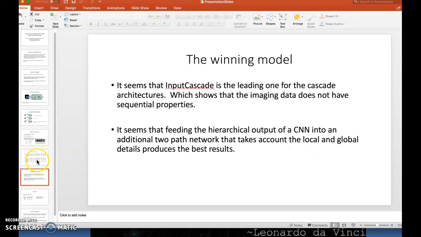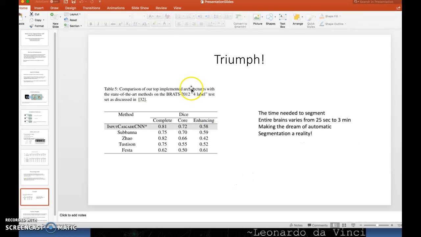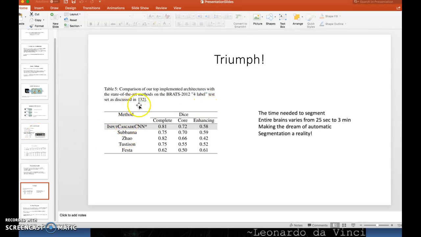It's like the ticket. And here we can see how we use such a state-of-the-art architecture on a competition and how it just outperformed every other model there is.